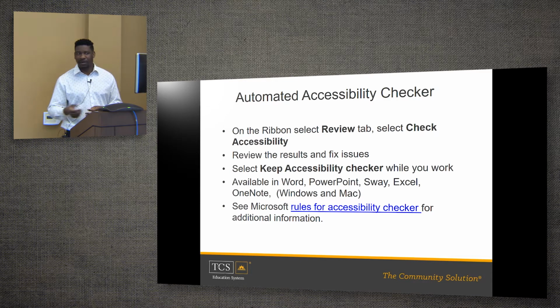And it's found in both Microsoft's PowerPoint, Sway. I know that Tracy mentioned in some of her rubrics that they do presentations using different types of tools, including Sway. So you can be able to use an accessibility checker in that as well. Excel, I haven't really used it in Excel, but it's there. You can be able to use it there as well.